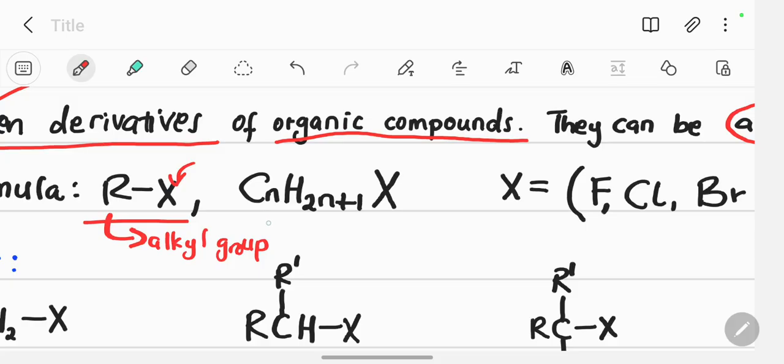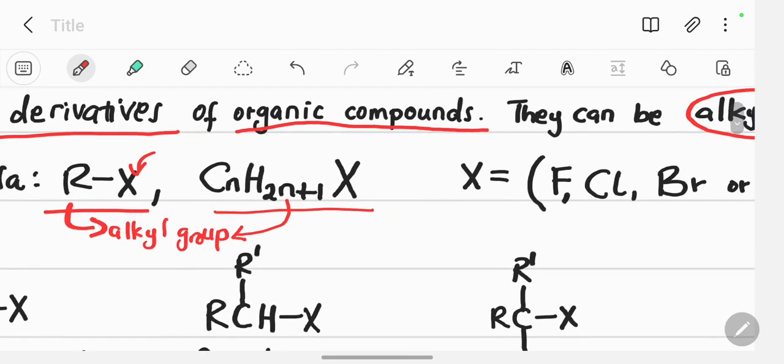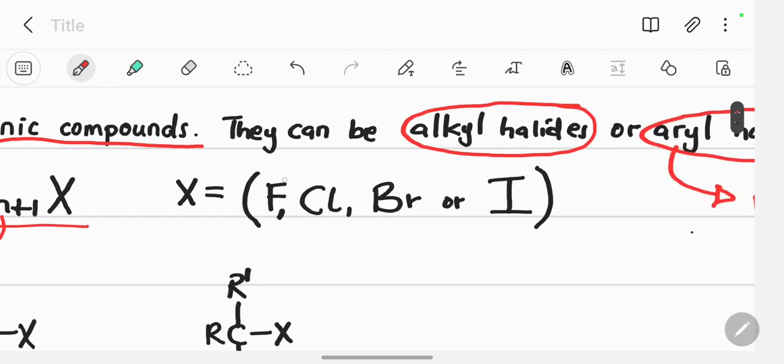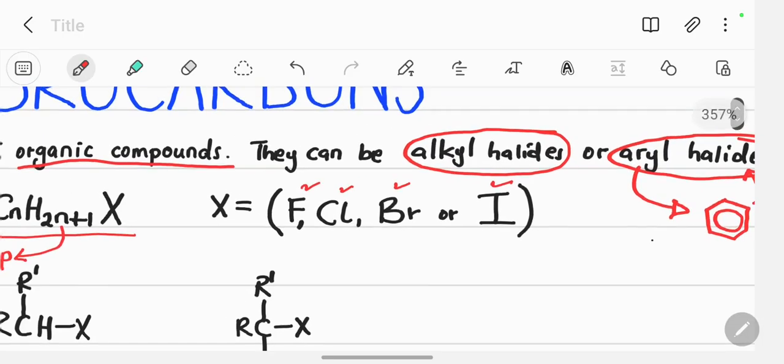Then we have the expanded form of it, which is this. You find out that this one is like an alkane, but it has lost one hydrogen, of which that one is an alkyl group. So this is the same as that. And our X is fluorine, chlorine, bromine, or iodine.